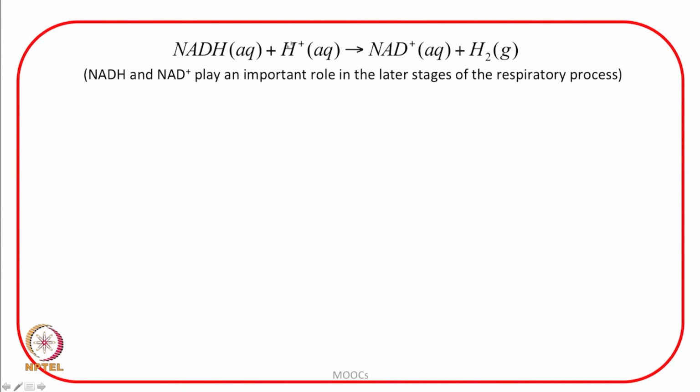There is a proton involvement, and both NAD and NAD plus are biologically important molecules, and in fact NAD and NAD plus play an important role in the later stages of respiratory process. Therefore, this reaction is very, very important.